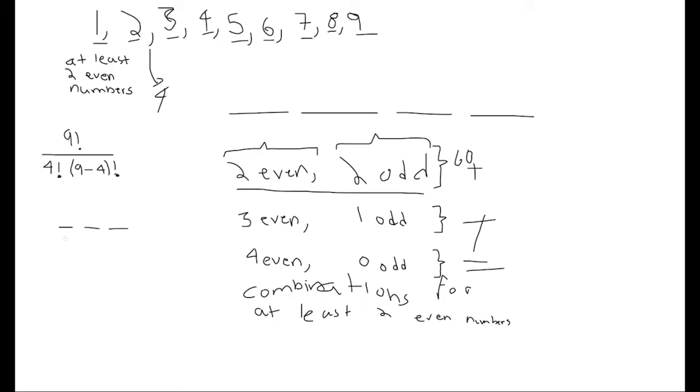Okay, so this first position here could have 4 different even numbers, right? Second position could have 3 different even numbers, and the last position could have 2 different even numbers. Okay, so 4 times 3 times 2.